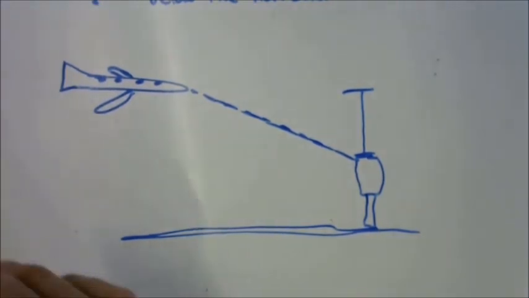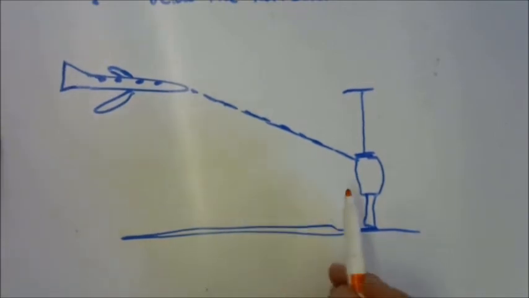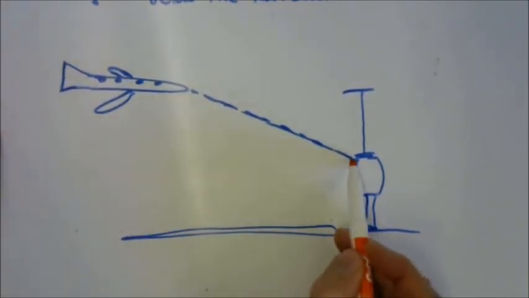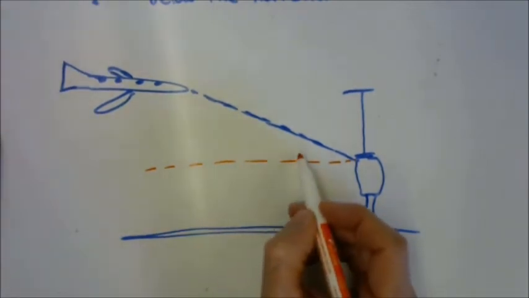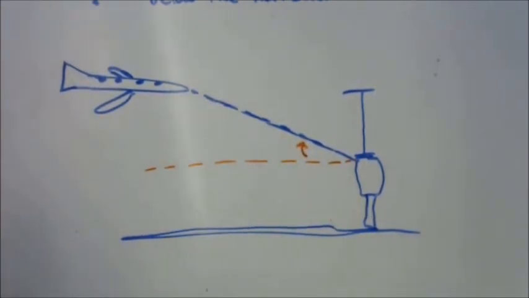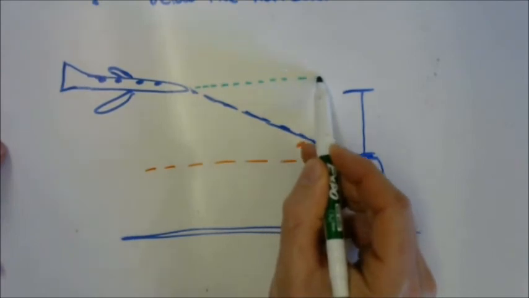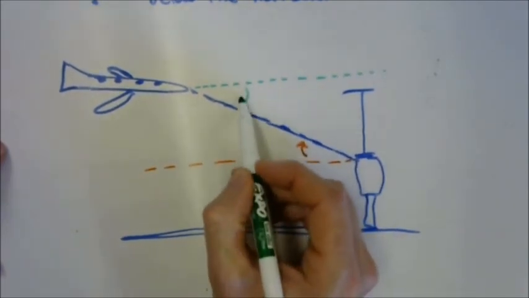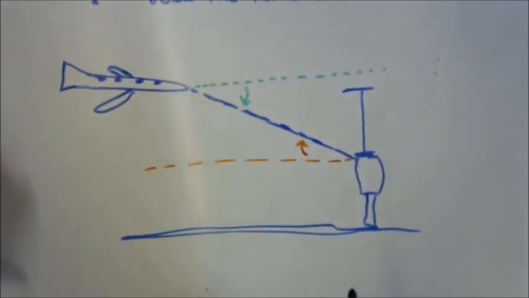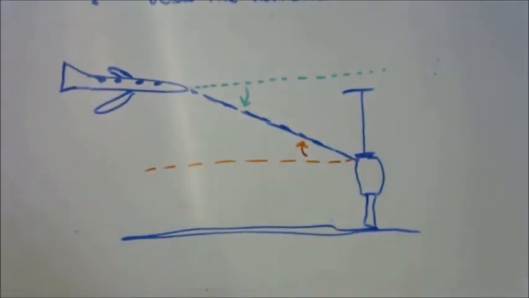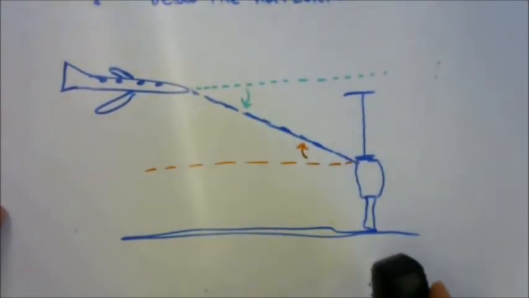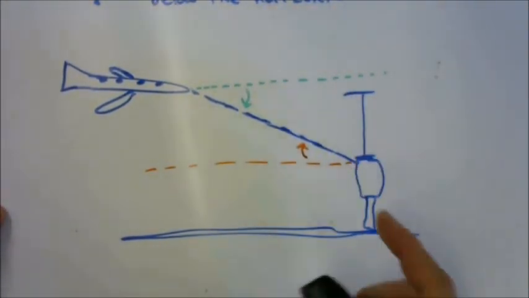Even though there's no horizontal given, you need to think about a horizontal. From the watchtower to the airplane, here's the horizontal, making this the angle of elevation. If you're looking from the airplane down, this is my horizontal, which makes this my angle of depression. So if there's no horizontal given, you know how to draw them, you know how to form triangles. Both of these just form triangles.